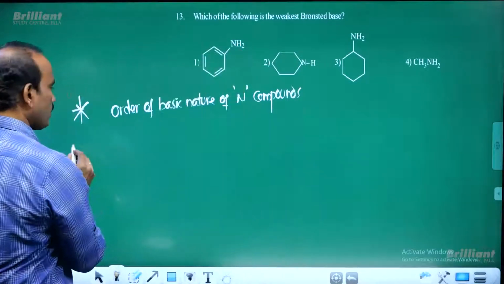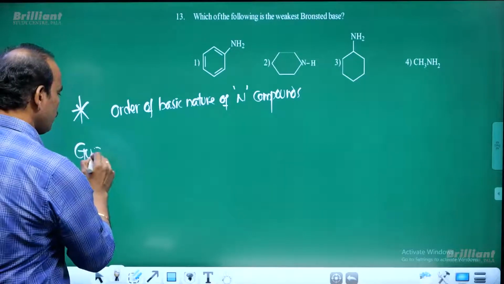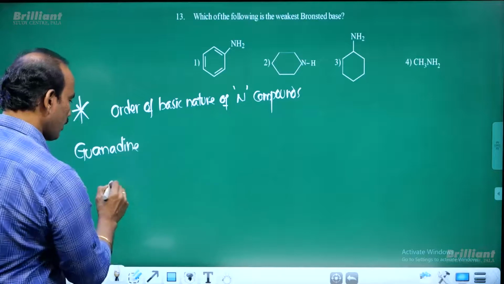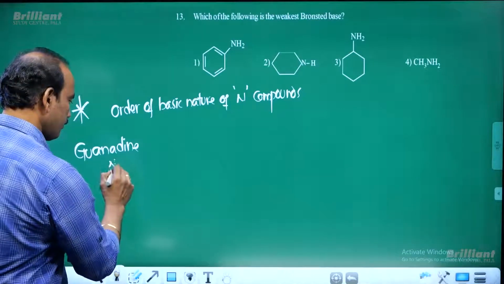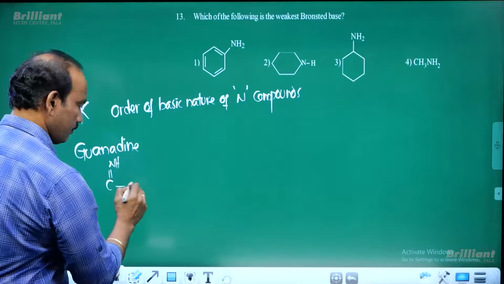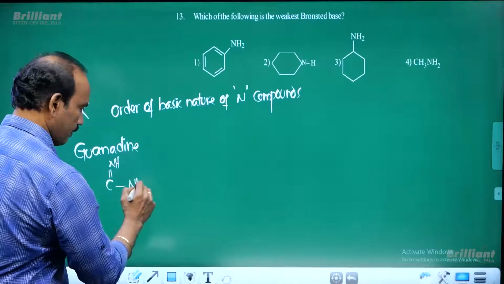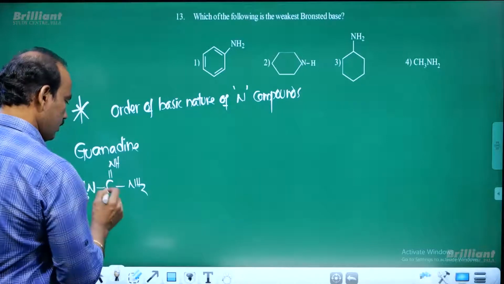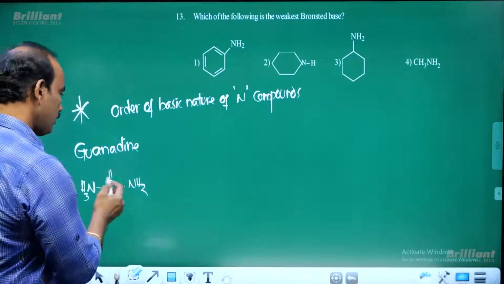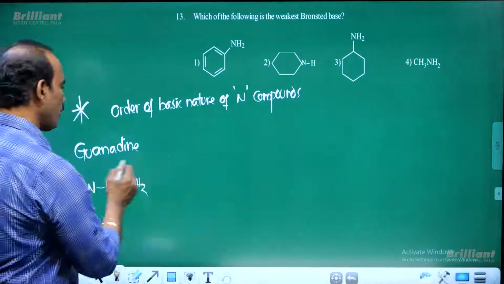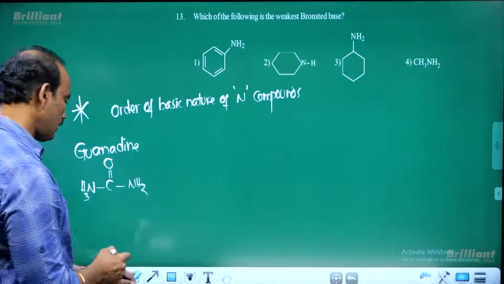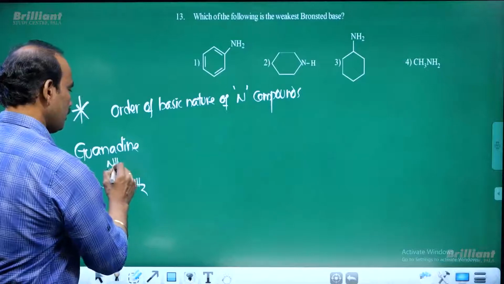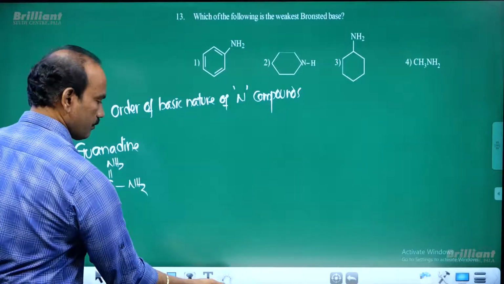One is guanidine, the strongest base. Simply remove this one, this is urea. Now this NH is there, that is called guanidine, the strongest base.